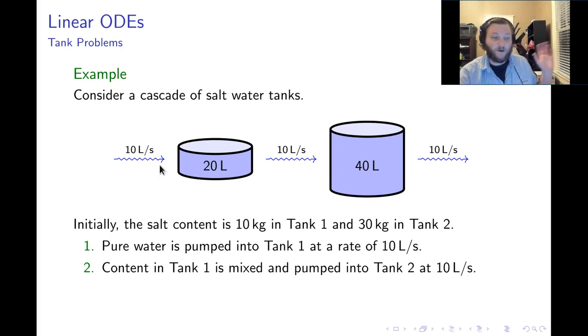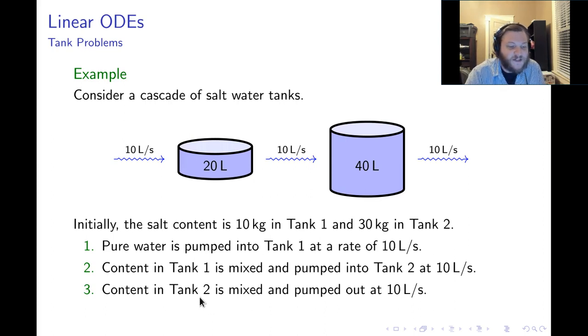So there's liquid being pumped into the first tank, and there's liquid being pumped out. The rates at which that liquid is being pumped in and out are the same, so the volume in the first tank remains the same. But the idea is that we have an initial salt content in the tank, and we're flushing the salt out by pumping in fresh water and then pumping out the solution. Now that solution gets pumped into the second tank, where the initial salt content is 30 kilograms.